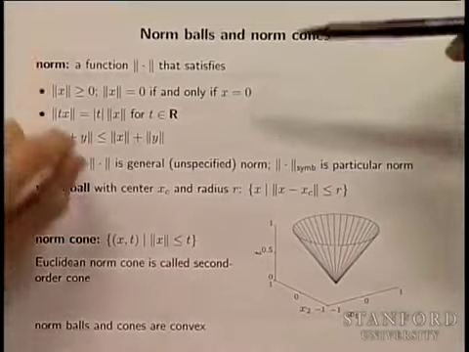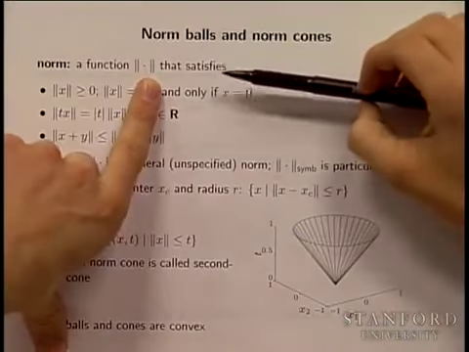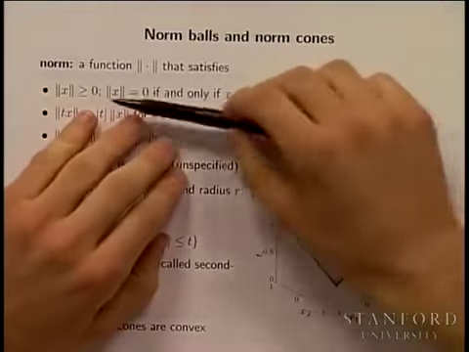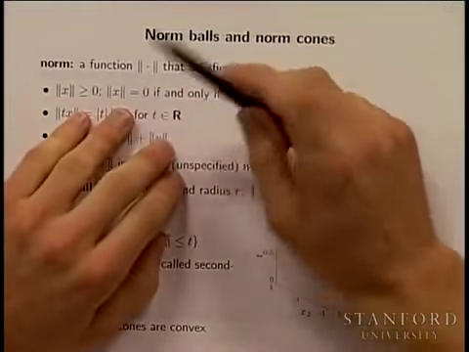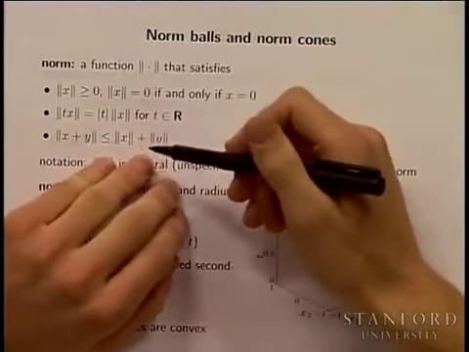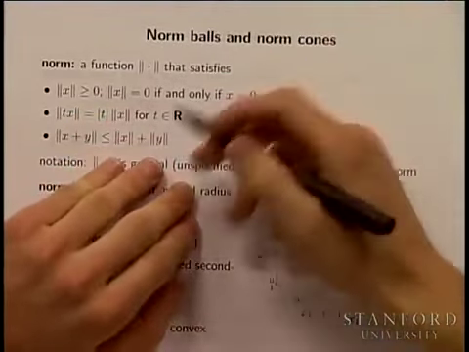More generally, we've seen two norms a lot. We've seen the Euclidean norm, but more generally we can define a norm as being any function that satisfies these things here. So first of all, this is something like definiteness and non-negativity. These are just a bunch of things that you should look at that define a norm.